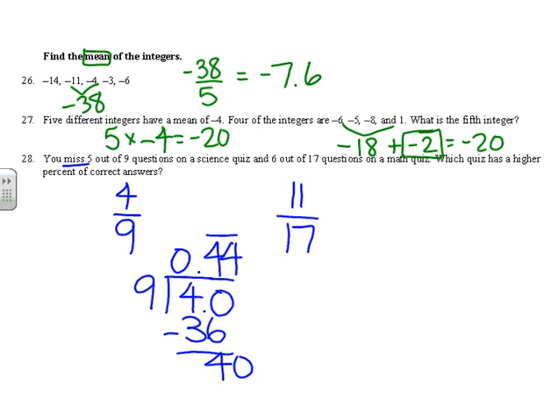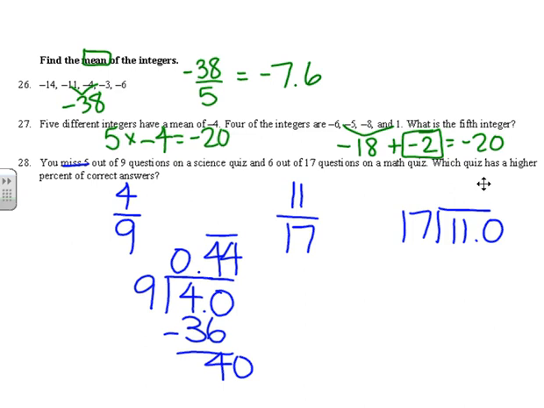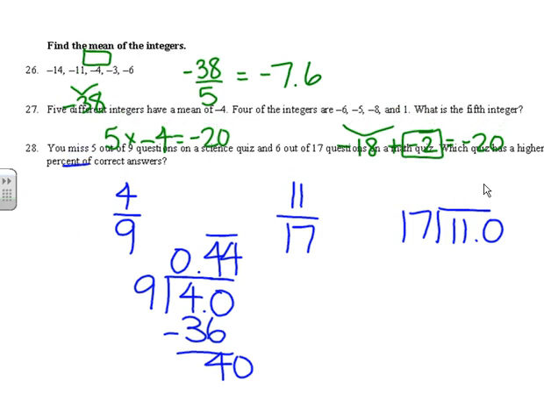On the math quiz, we're going to do 11 divided by 17. 17 won't go into 11, but it will go into 110. And that will go in 6 times. When we do 6 times 17, we get 102.